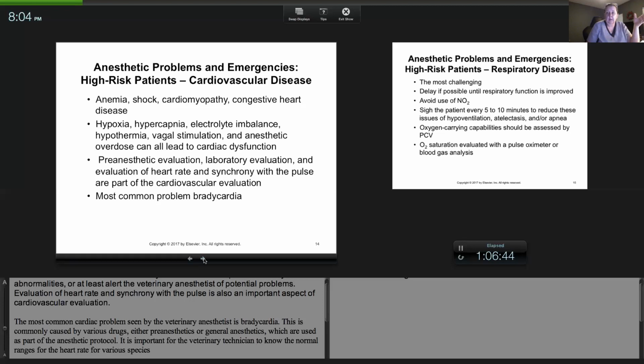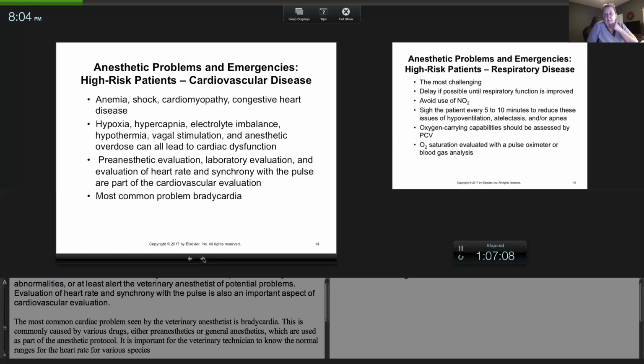So anemic animals, one concern I have is if they're anemic, why am I concerned? Red blood cells carry oxygen. If I have less red blood cells, I theoretically have less ability, I can't carry as much oxygen. So anemic patients, I've done anesthesia on anemic patients, but I watch their oxygen levels very closely.